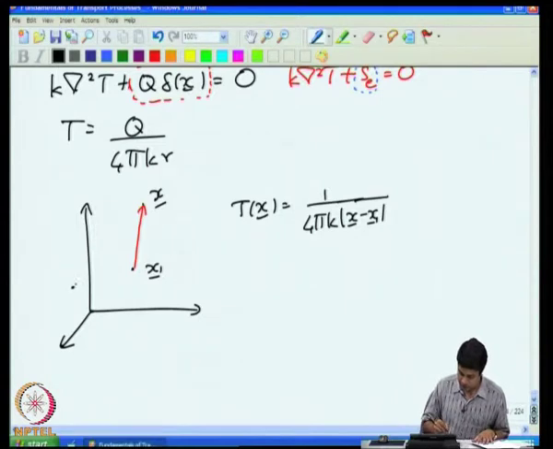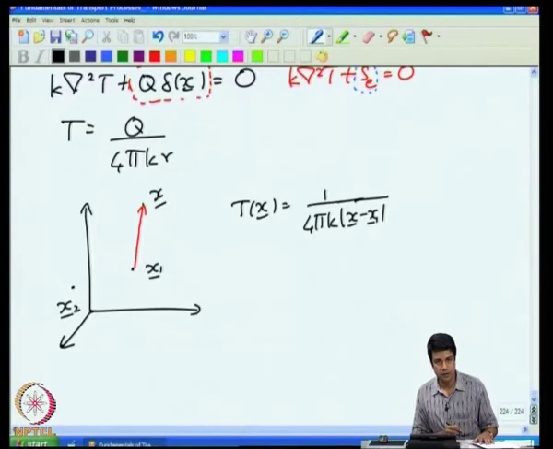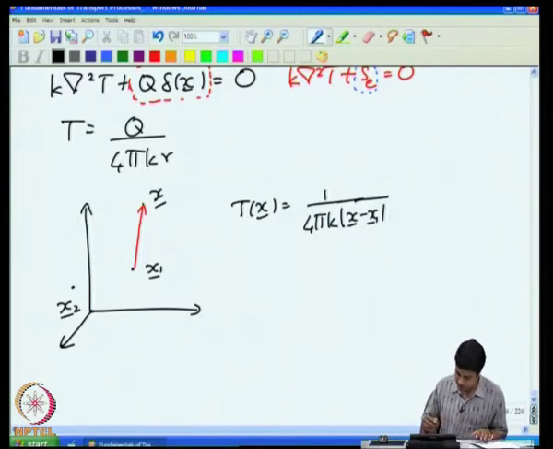I could have multiple sources. I could have another source at x2 simultaneously. I have 2 sources simultaneously, one of strength q1 at x1, another of strength q2 at x2.